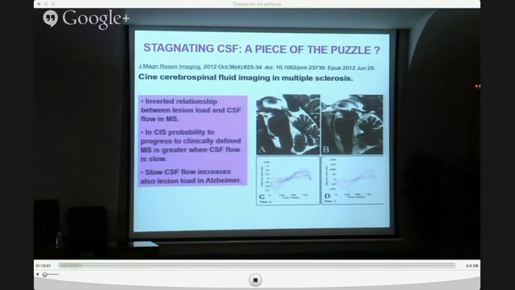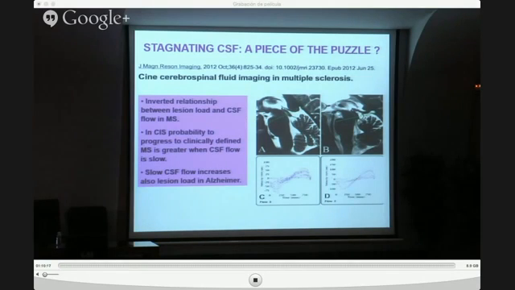If you have a reduced CSF flow, your probability to progress into clinically defined MS is significantly greater. The same group also published that slow CSF flow increases the lesion load in Alzheimer's disease. So it seems that a good flow and a good velocity of CSF should be an important piece of the puzzle.